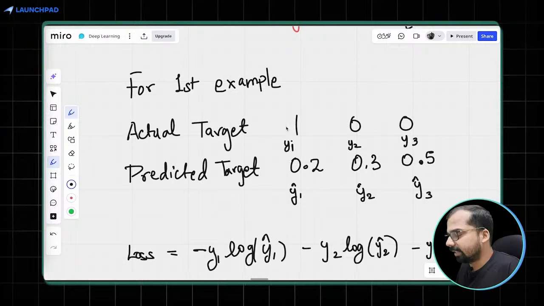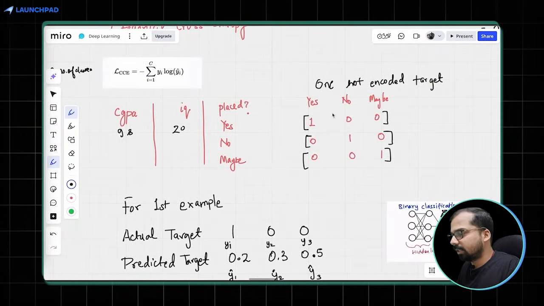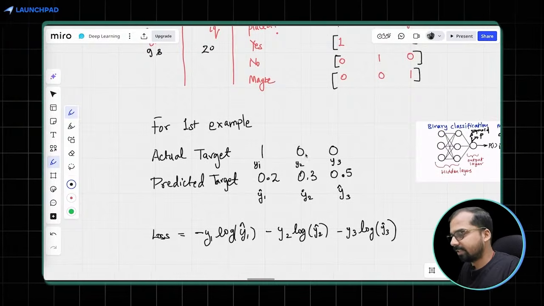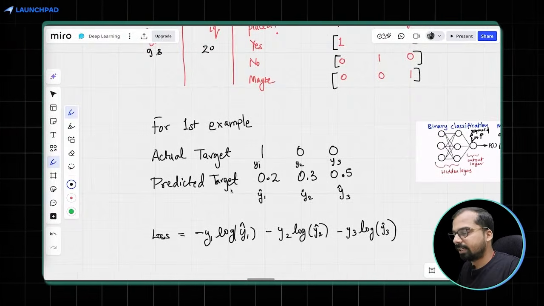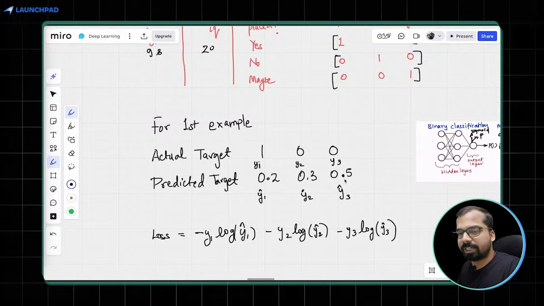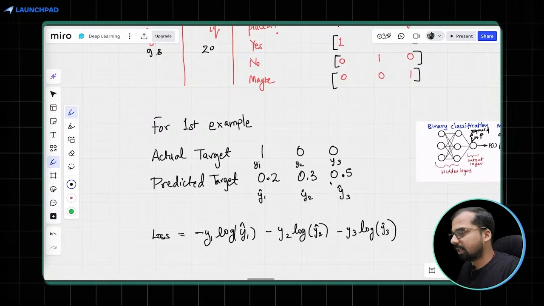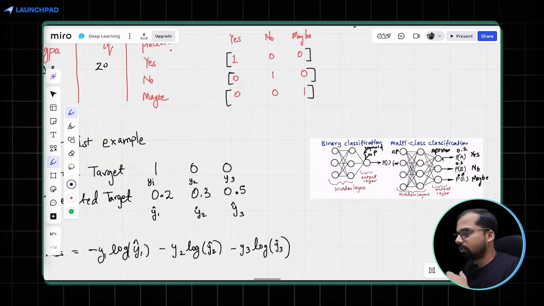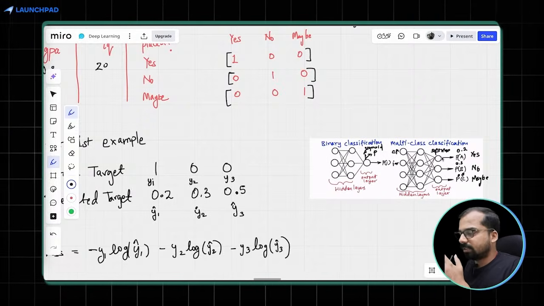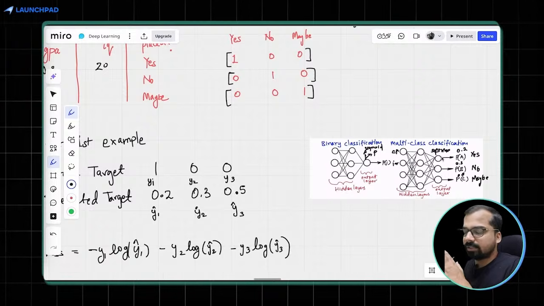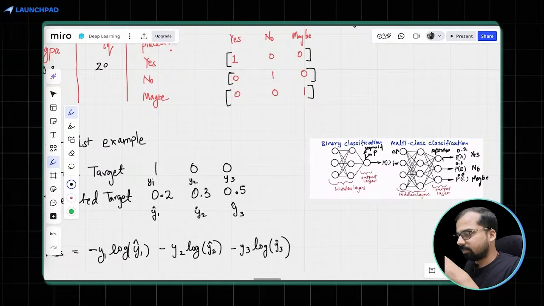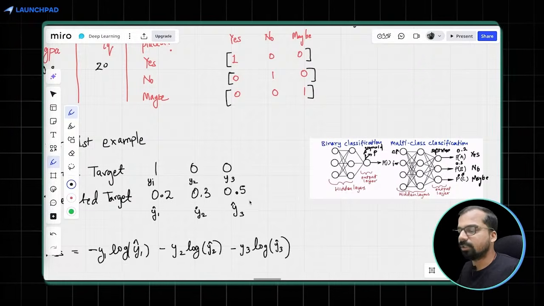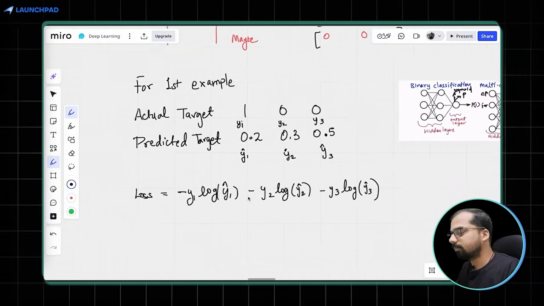The actual target for the first example is 100, and my predicted target is 0.2, 0.3, 0.5, the output from the final layer. If you remember, the softmax activation function is such that the sum of the probabilities of all three neurons equals 1.